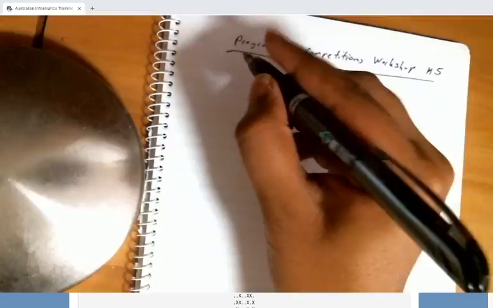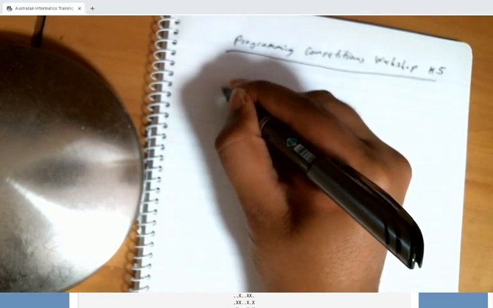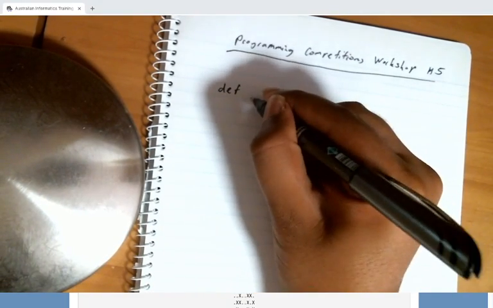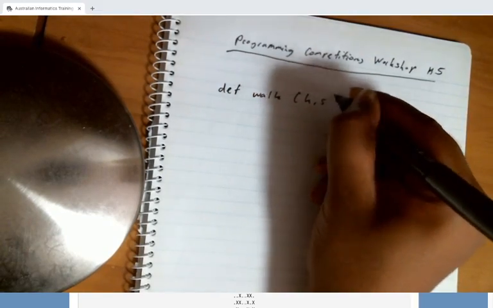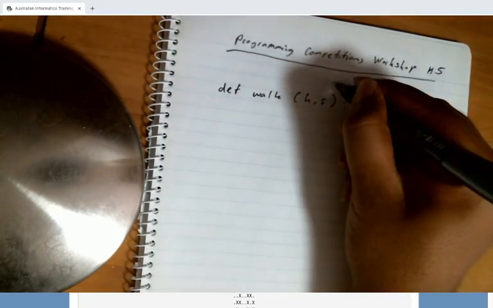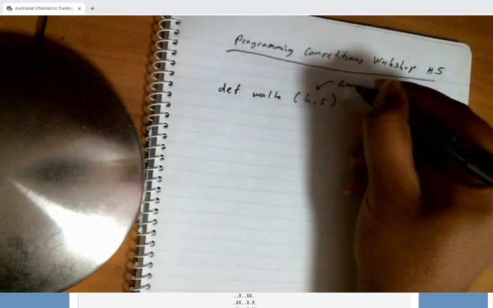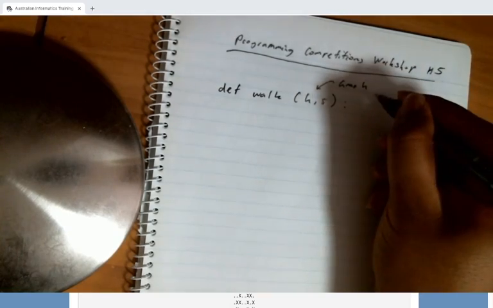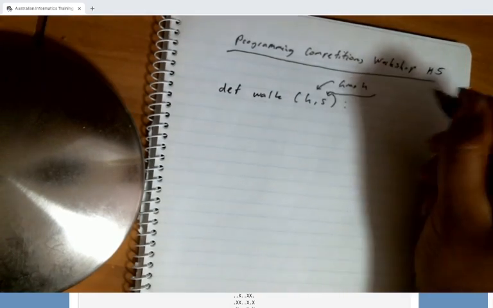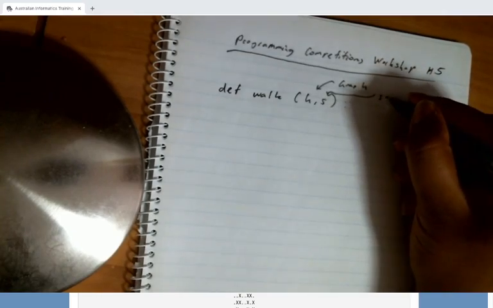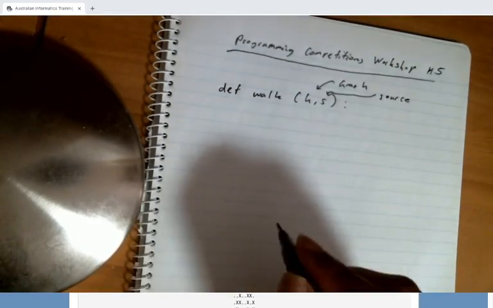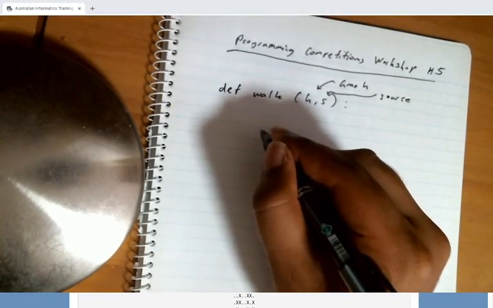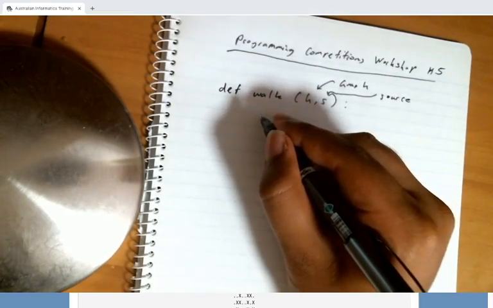Okay, so we had a function which is define walk(G, S), where G is a graph, which we talked about last week, and S is our source. And what we do is we essentially have 2 data structures.